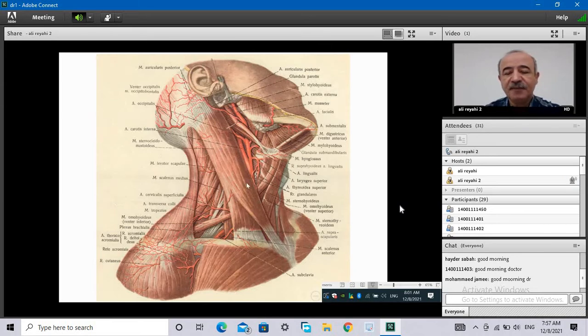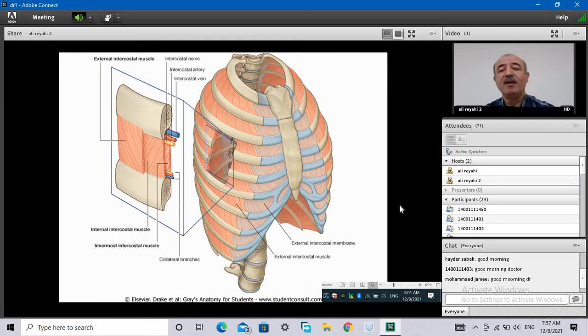Or this muscle in the lateral side of the neck, sternocleidomastoid. It's named according to the attachment, sternocleidomastoid muscle.